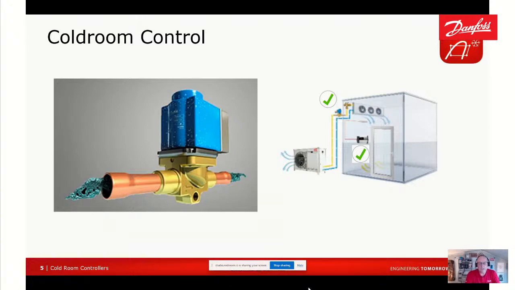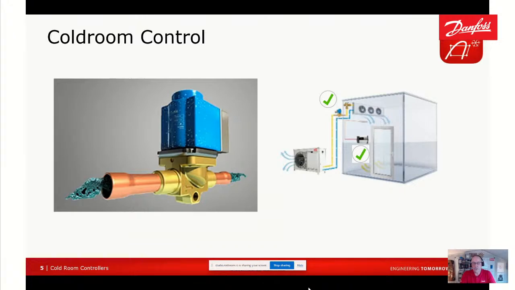The benefit of that is during the off cycle, we collect all the liquid refrigerant in the receiver. That is a good thing, because if we didn't pump down and we just turned the system off, the liquid would migrate to the coldest place. If the cold room is the coldest place, that's okay, it'll stay in the evaporator.